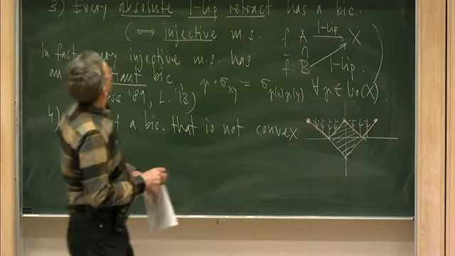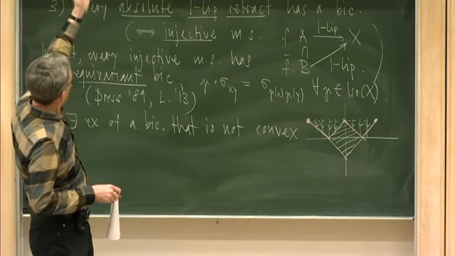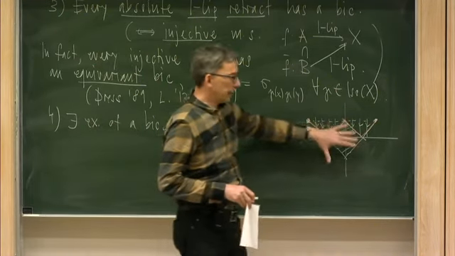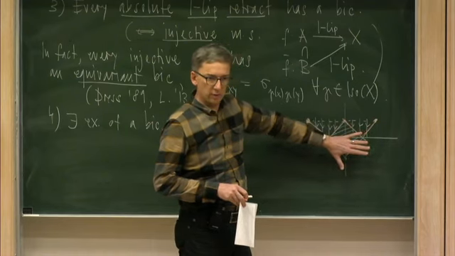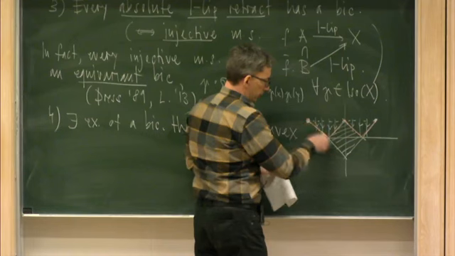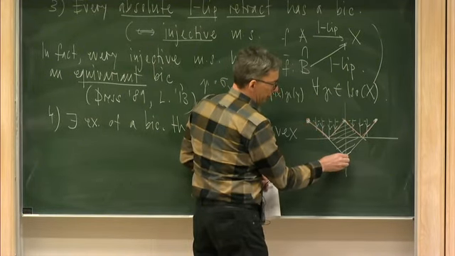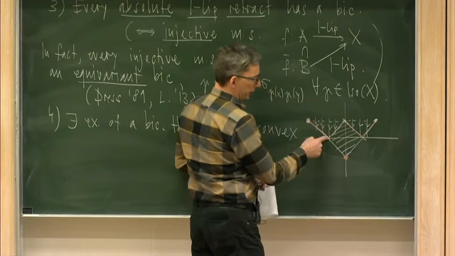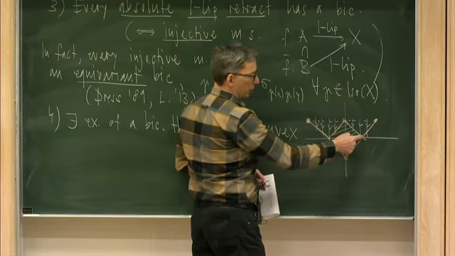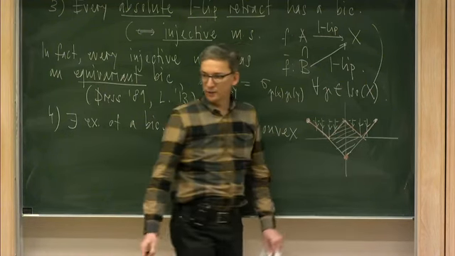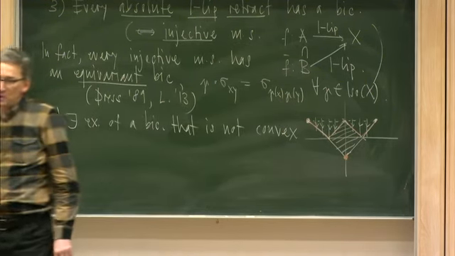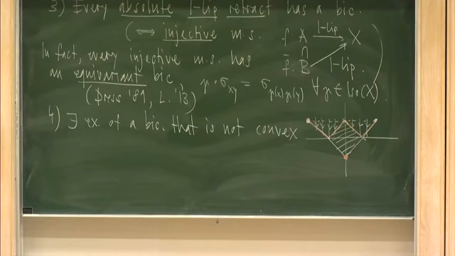And by 2, you get a bicombing on this set. So the red geodesic is one of the bicombing geodesics. For the other one, you take the constant geodesic here. And then you see that the distance is 1 here, and 2 here, and 1 here again. So it's not convex. The function is not convex. That's a silly example, but it exists.